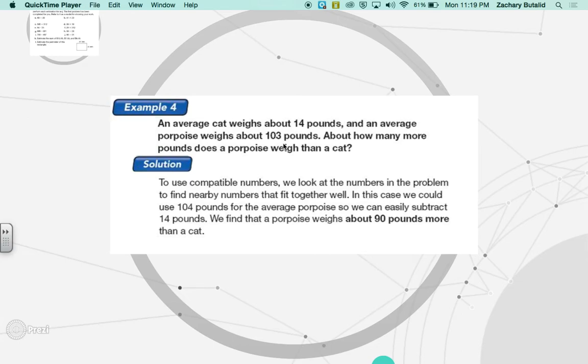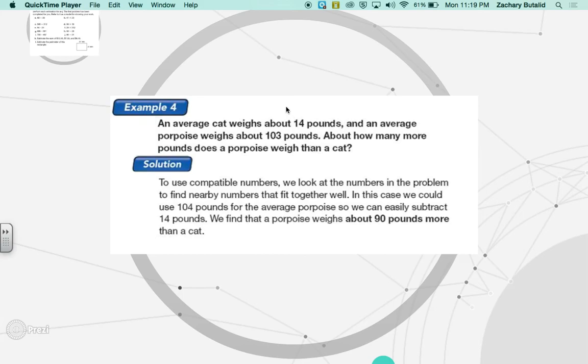And so I know that 3 is very close to 4. Okay, and so what I'm going to do is I know that I can just subtract 14 from 104 instead of 103, because 4 and 4 make a 0. Okay, and then I have 100 minus 10, which equals 90.